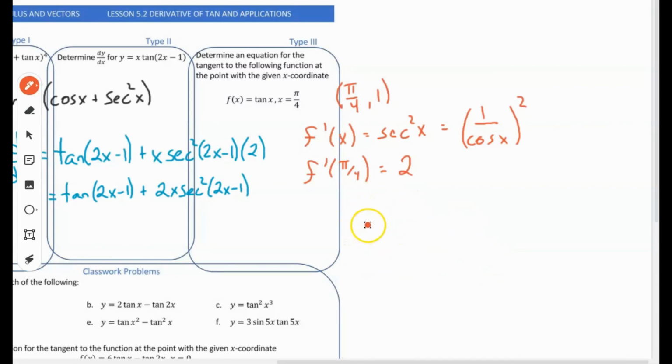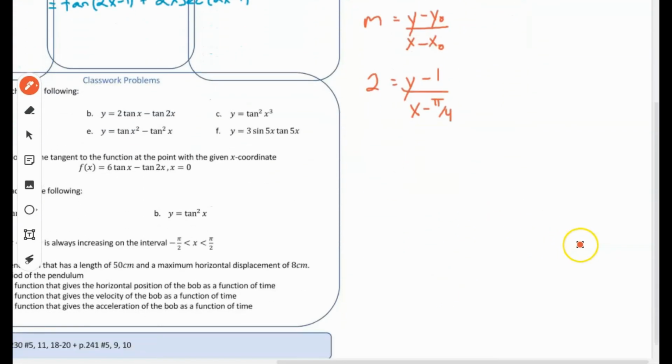Okay, so now we'll use the slope equation, right, which is m equals y minus y naught over x minus x naught. So our slope is 2. Our y coordinate is 1, so y minus 1. And our x coordinate is pi over 4, so x minus pi over 4. And then we can just simplify this a little bit.